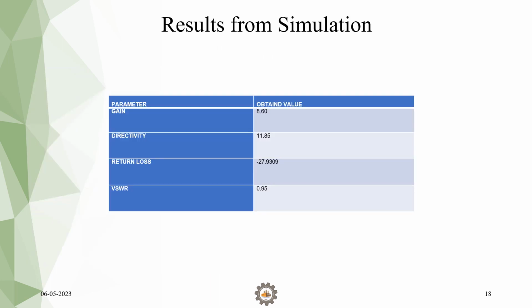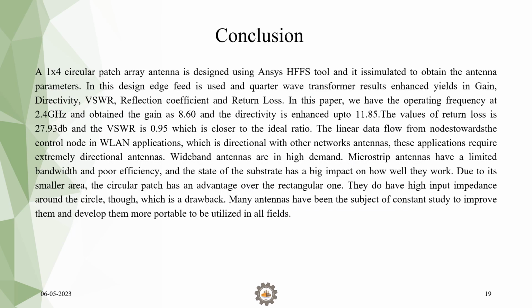The parameters like gain, directivity, return loss, and VSWR are computed and obtained in HFSS software, and the obtained values are: the gain is 8.6, directivity is 11.85, return loss is minus 27.93, and the VSWR is 0.95.